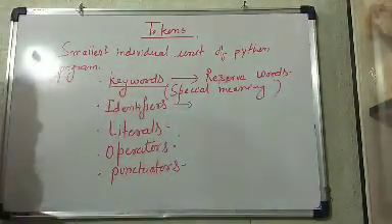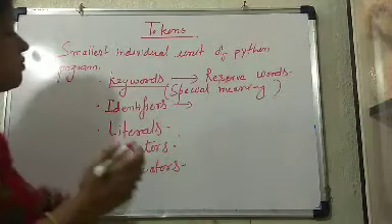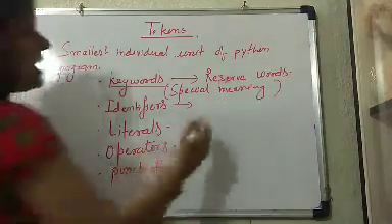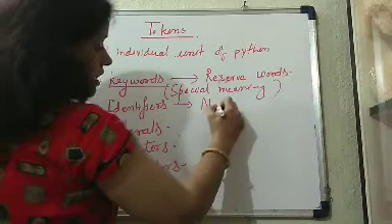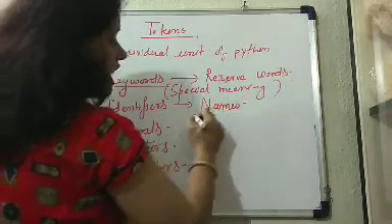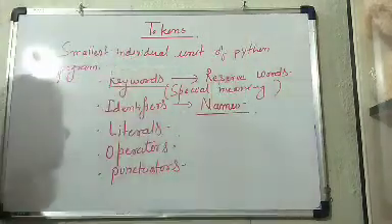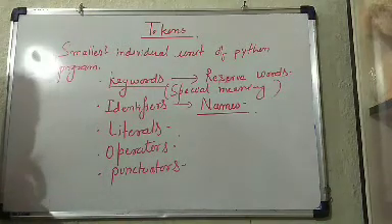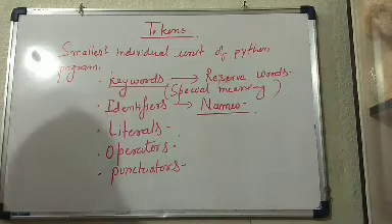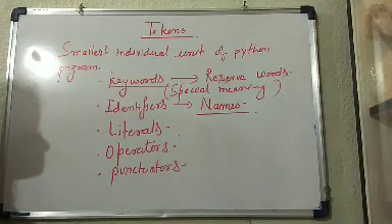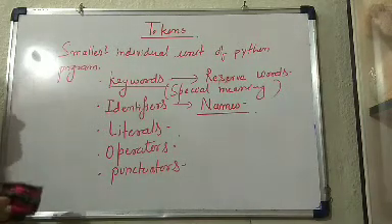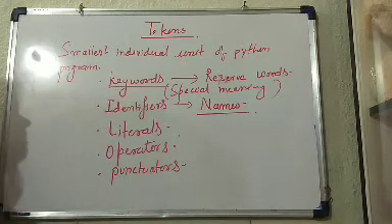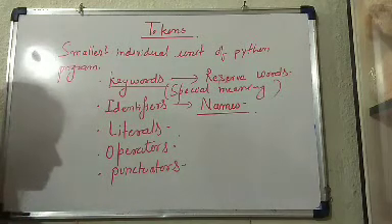Okay, now come to the identifier. What are identifiers? Identifiers are the names. Identifiers are the names. Clear? Let us take a real life example, like all the nouns we use in the English language, they are the identifiers, right?